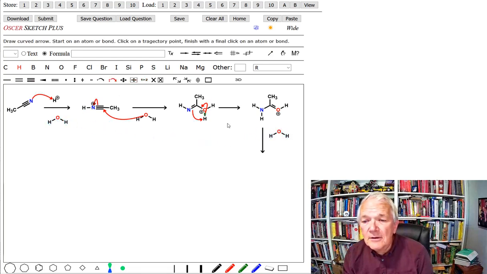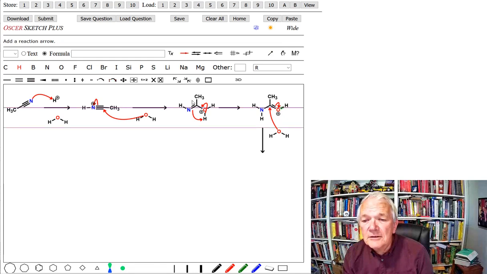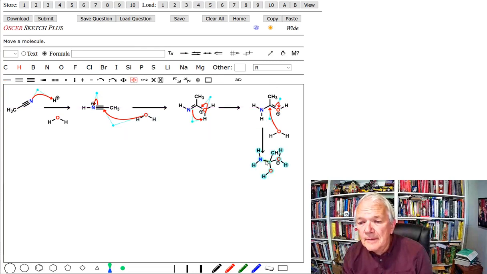We're already off and running. Okay, and so attack the carbonyl, electrons out onto the oxygen. This gives us our tetrahedral intermediate. Now we can do a proton transfer within the molecule.